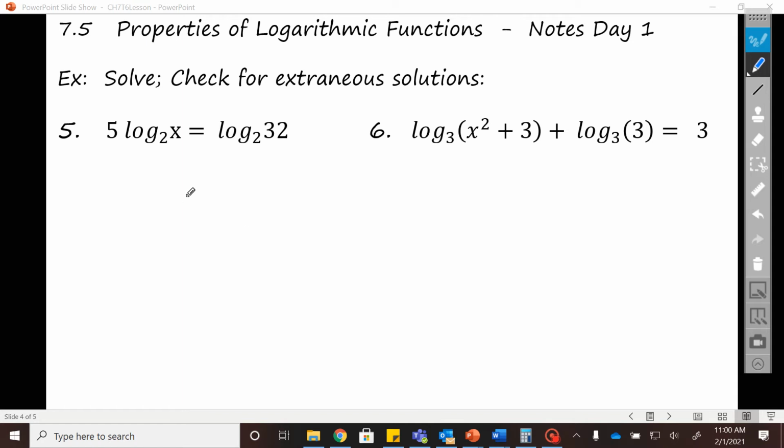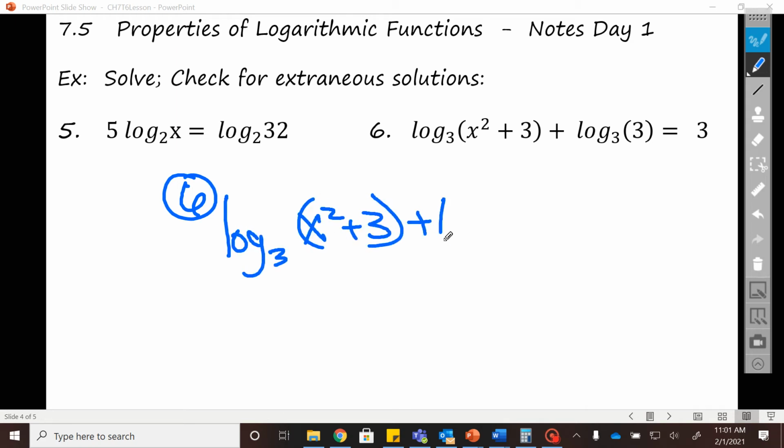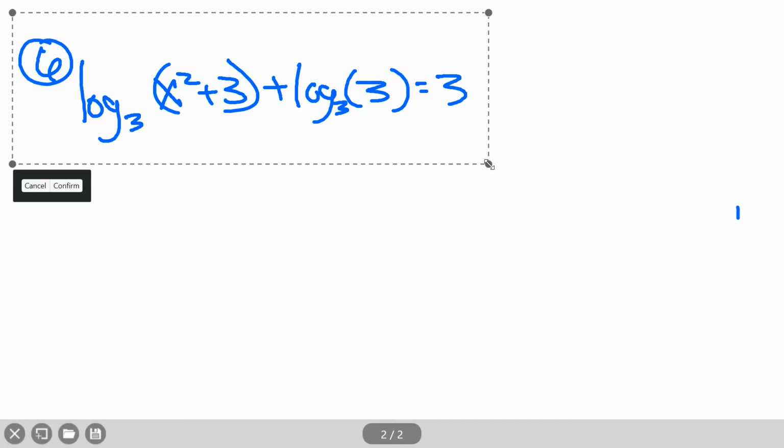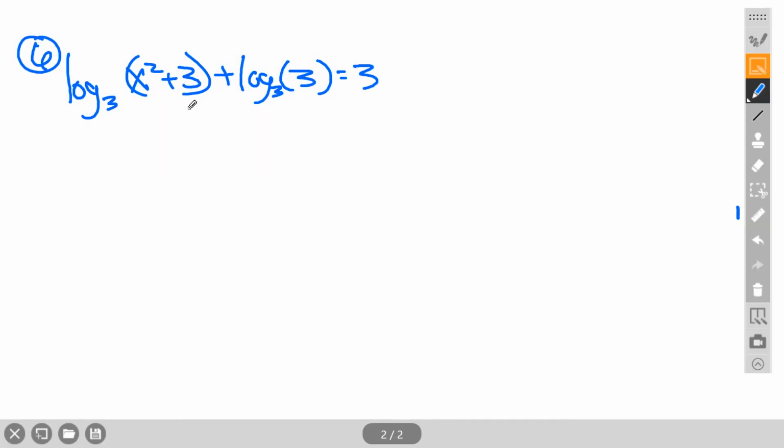And then number 6, log base 3 of x squared plus 3 plus log base 3 of 3 equals 3. So I can combine these into a single logarithm because they're being added, which means I can combine them by multiplying.